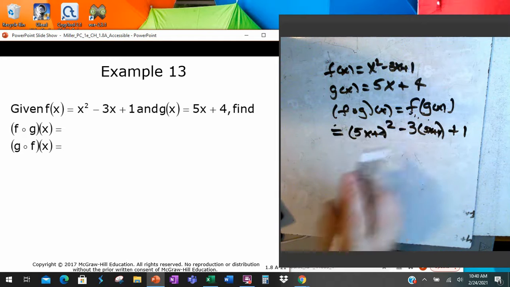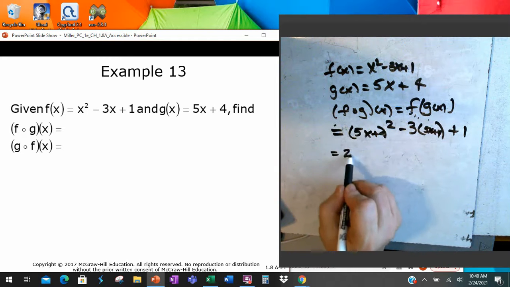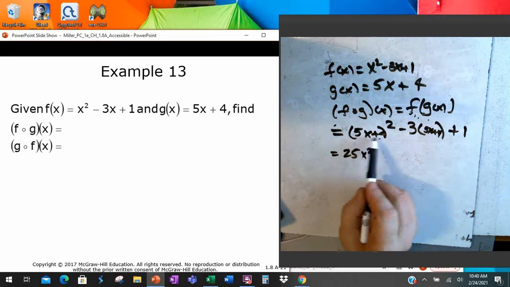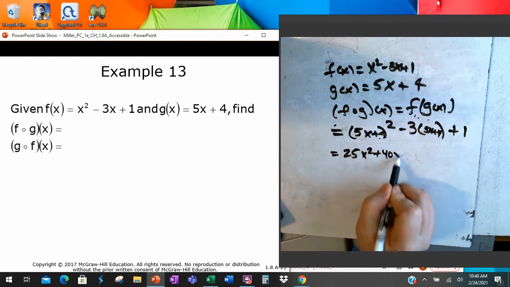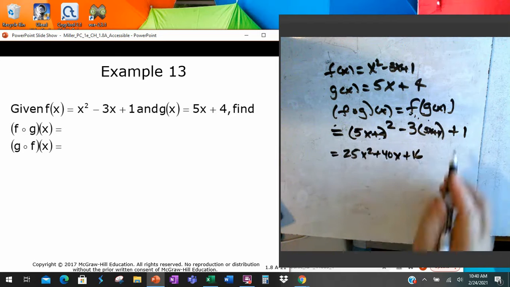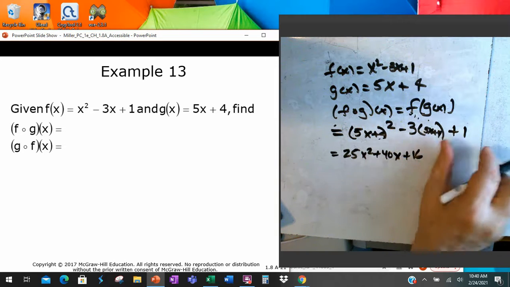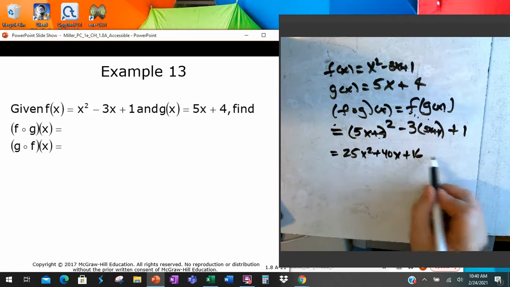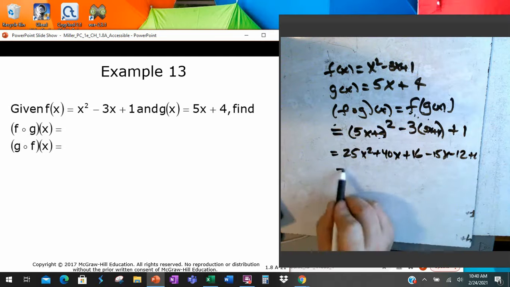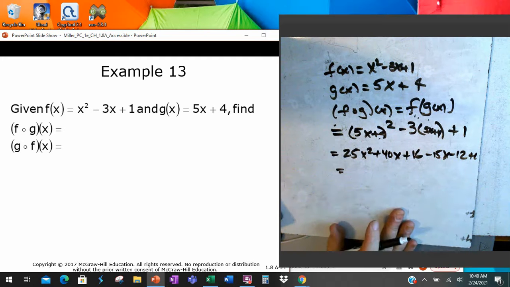And then I just simplify, square the first one, multiply the two together. 4 times 5x is 20x, doubled it would be 40x. Square the last one, the 4 squared is my 16. And then I do this like I did a while ago, minus 15x minus 12 plus 1. And then I would simplify.